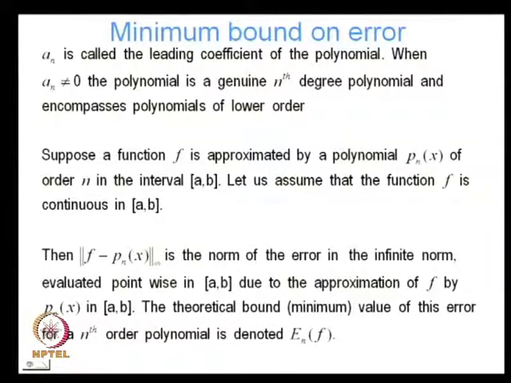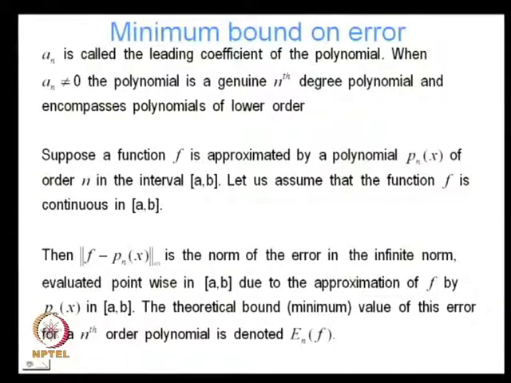When a_n is not equal to 0, the polynomial is a genuine nth degree polynomial and encompasses polynomials of lower order. Suppose a function f is approximated by a polynomial p_n(x) of order n in the interval [a, b], right. So we have an interval [a, b]. In that interval I want to approximate a function f(x) using that nth order polynomial, and let us assume that the function f is continuous in that interval.